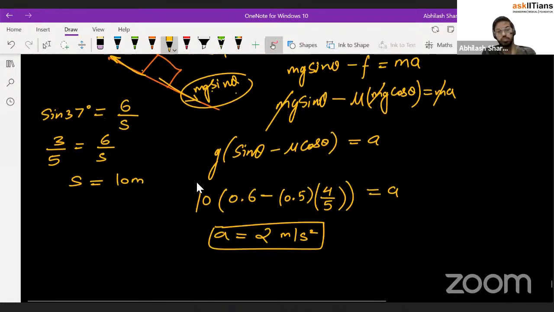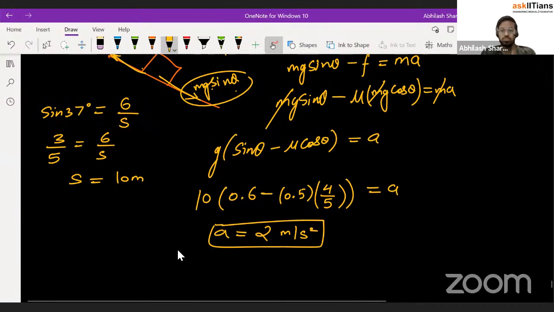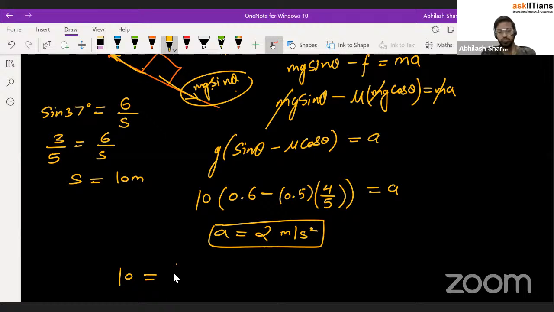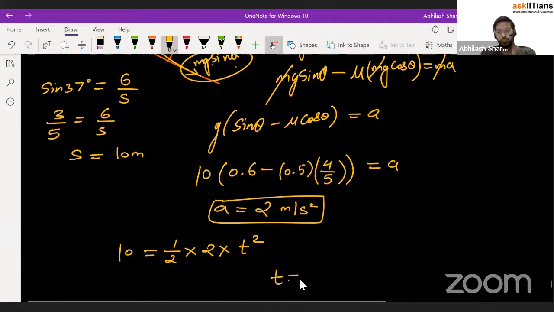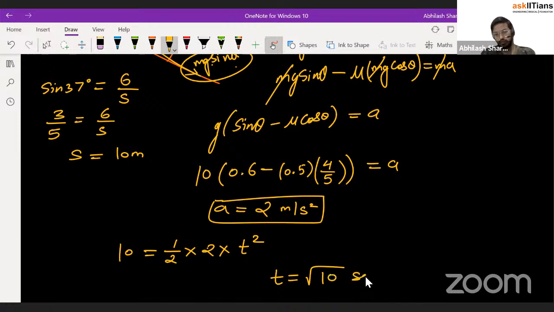Its initial speed is 0. a is 2. We need the time. Second equation of motion: s equals ut plus half a t squared, u is 0. So 10 equals half into 2 times t squared. And you realize time is root 10. Yes, Shivank.